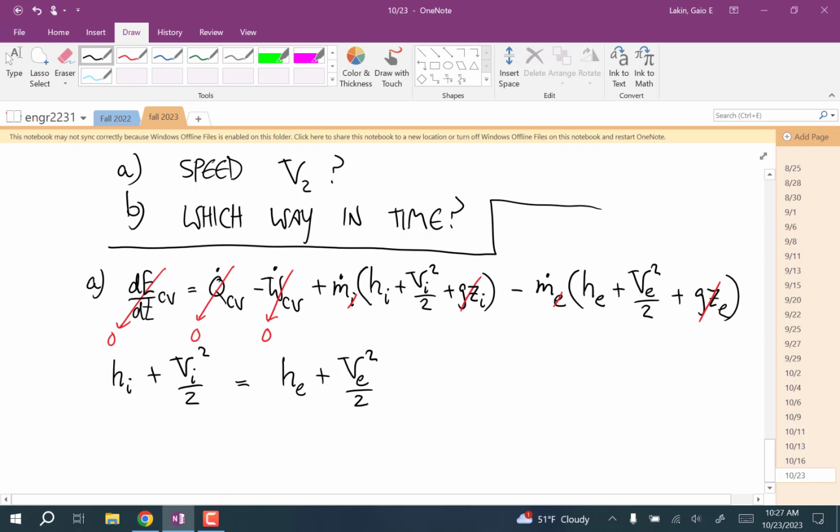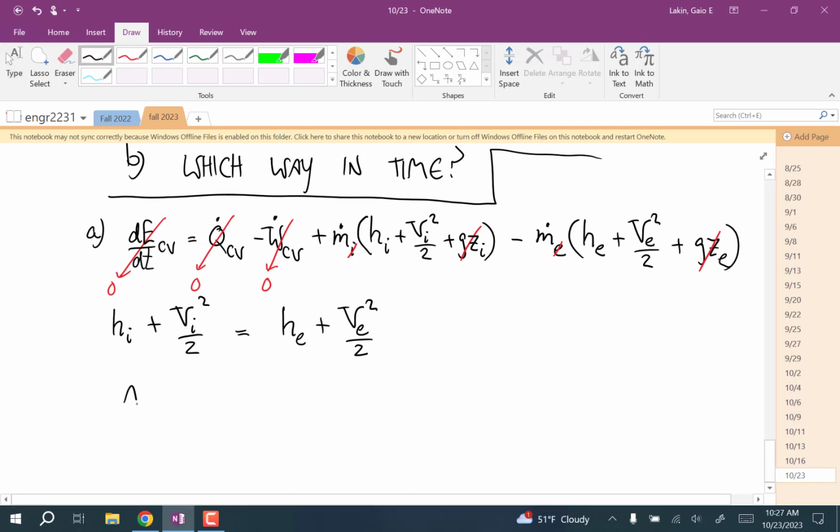Okay, well, I have it written as an inlet and an exit. We're going to plug values in, we're going to have to choose one or the other, and just see if that holds. So let's suppose, just for the calculations, that state 1 is the inlet and state 2 is the exit.